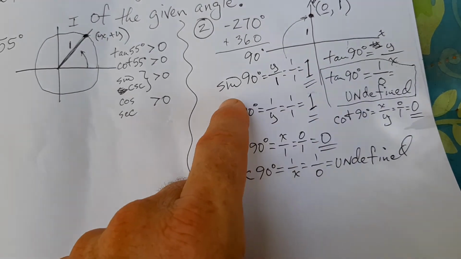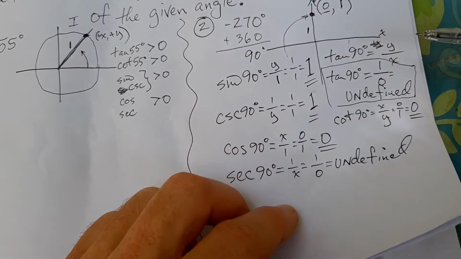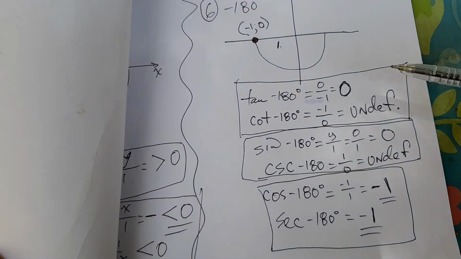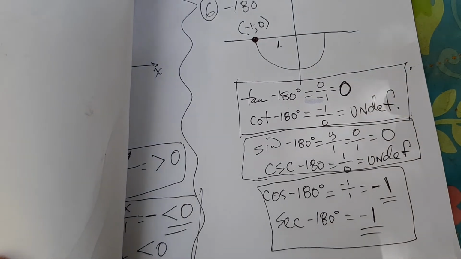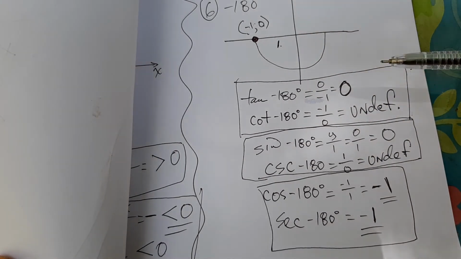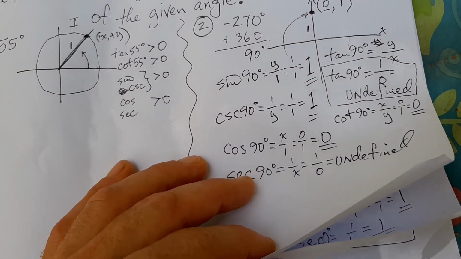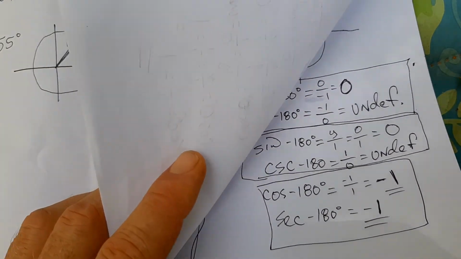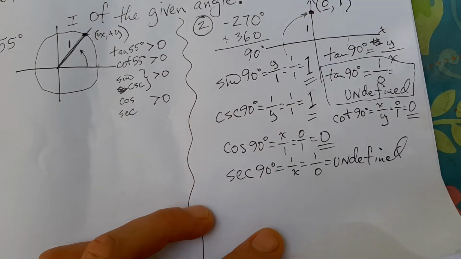Tangent goes from 0, undefined, 0, undefined, 0, undefined, 0, undefined. And cotangent goes undefined, 0, undefined, 0. So look at these patterns, and maybe that's a way you'll memorize it if you want to.